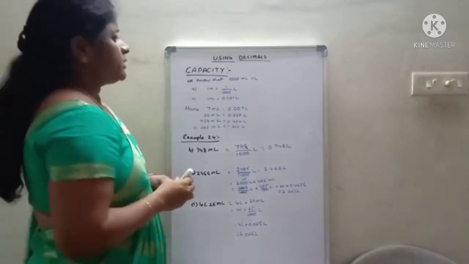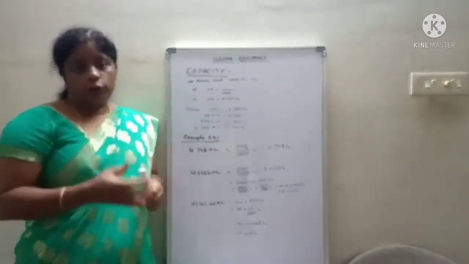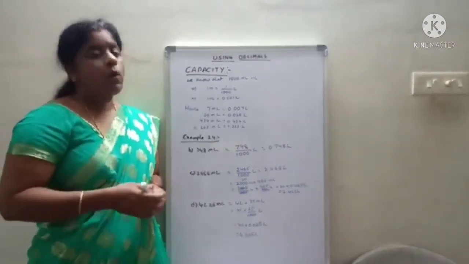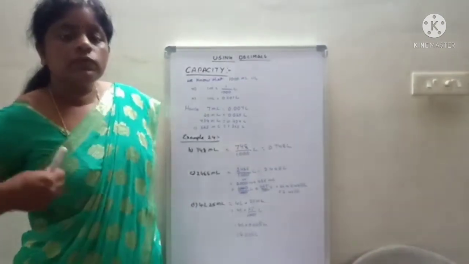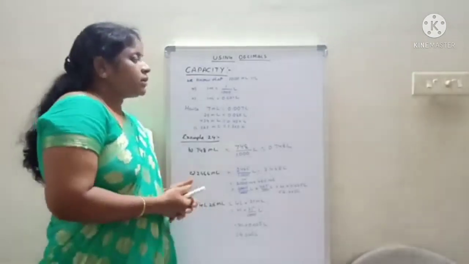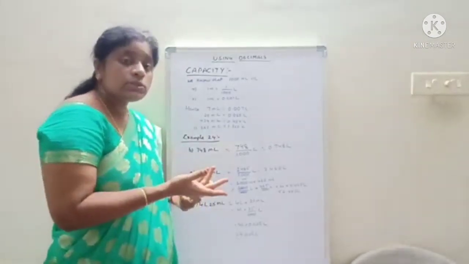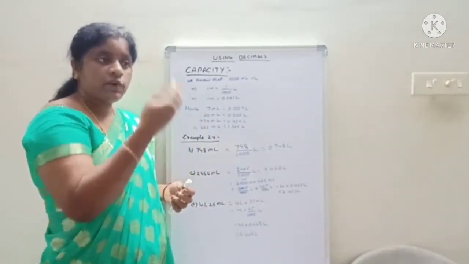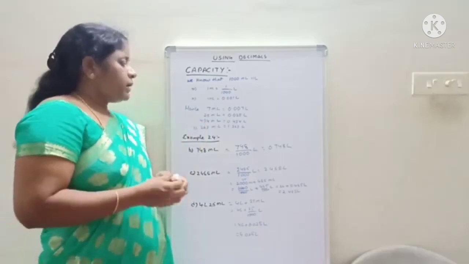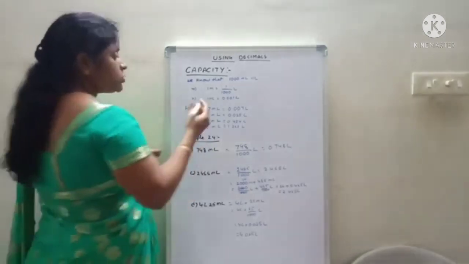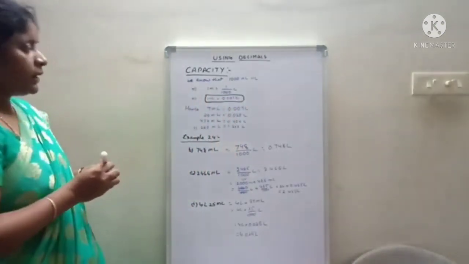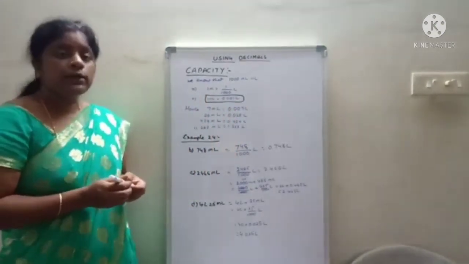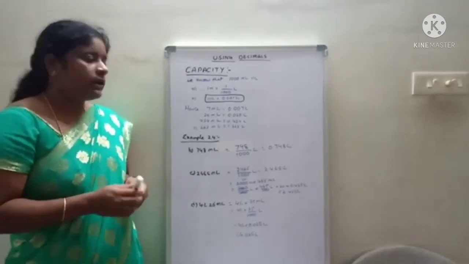Next, capacity. Capacity is nothing but volume. We know that 1 liter equals 1000 ml. So 1 ml equals 1 by 1000 liters. Converting 1 by 1000 into decimals, 1 ml equals 0.001 liters.